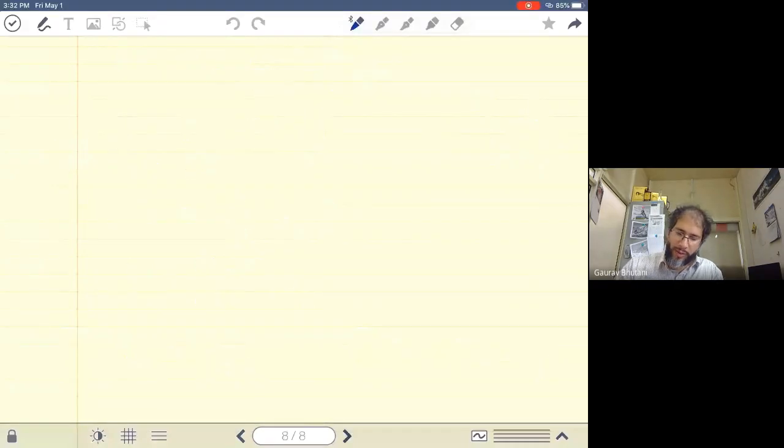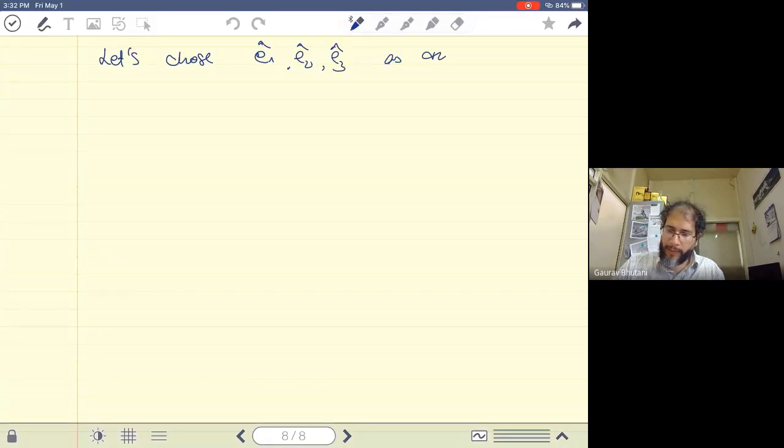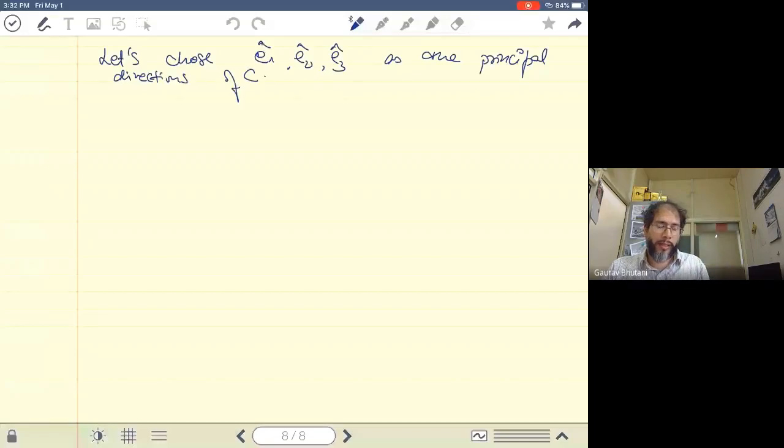So C is a tensor. C is a second order tensor. So let's choose E1, E2, and E3 as the principal directions of C. It's always possible, we can choose that.